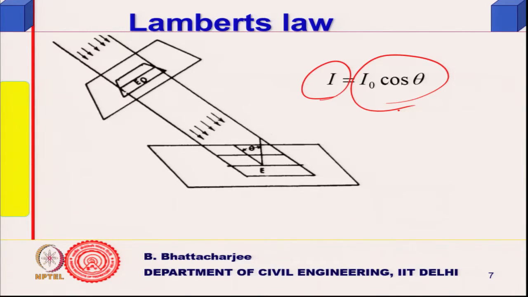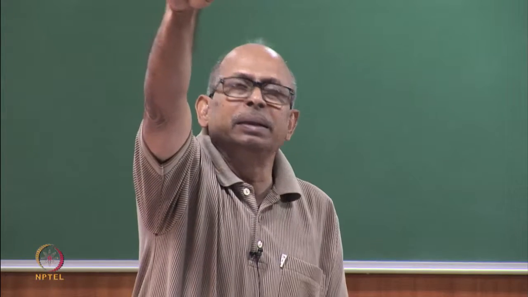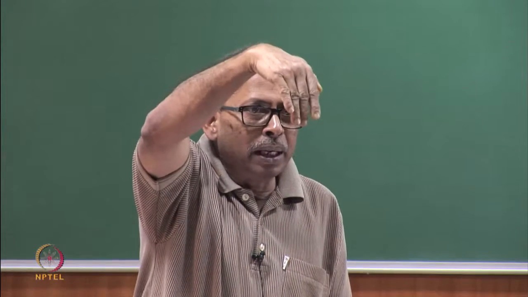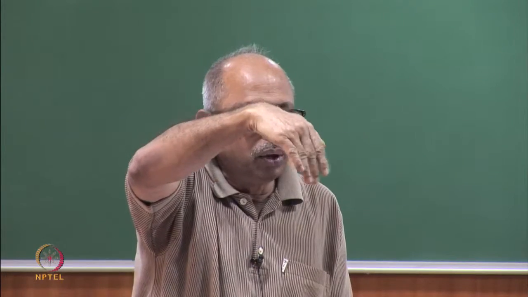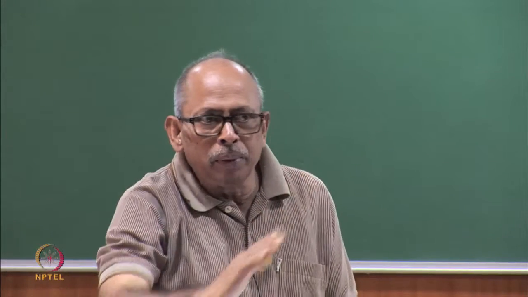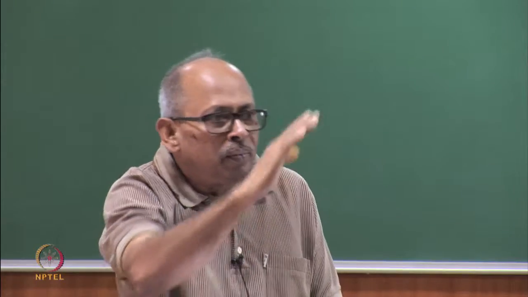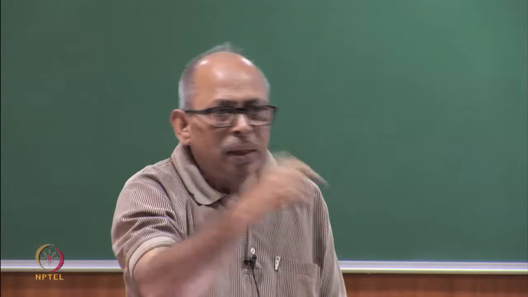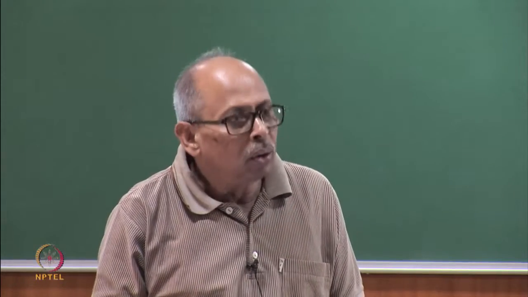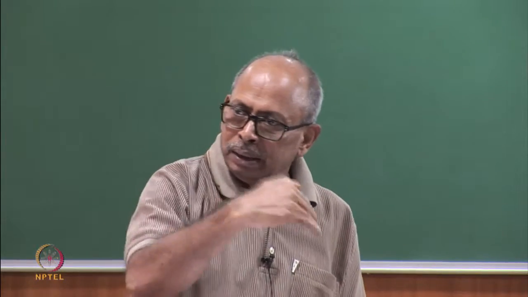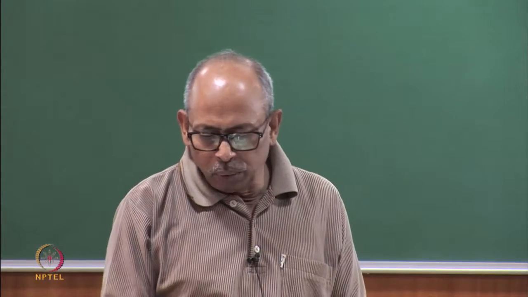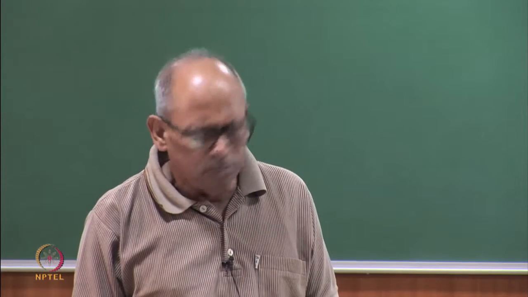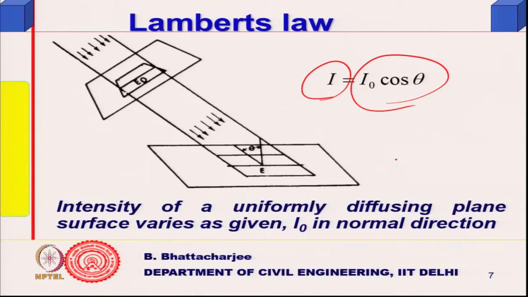For example, I have a source like this, all lamps vertically downward, that direction is I 0, but if I now put my flat projected surface at an angle, the intensity there would be I 0 cos theta. We do not use this much, but anyway, since there is a law, I am just stating this.